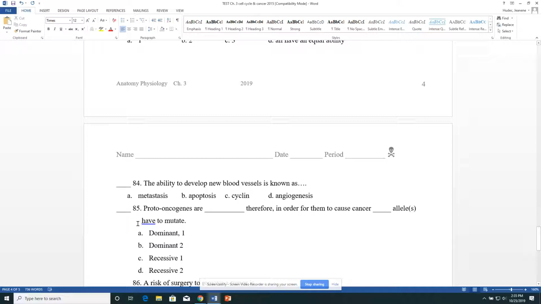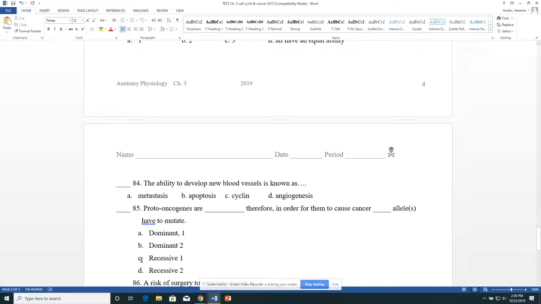Question 85. Proto-oncogenes are blank, blank. Therefore, in order for them to cause cancer, blank allele or alleles have to mutate. Is it A, proto-oncogenes are dominant, therefore in order for them to cause cancer, one allele has to mutate?